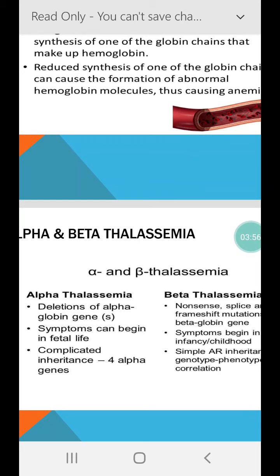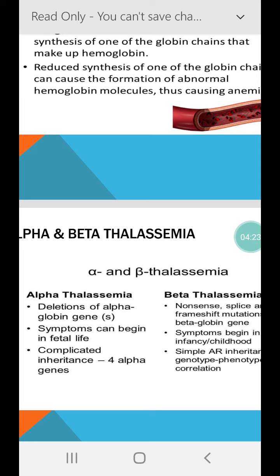In case of alpha thalassemia, there is deletion of the alpha globin chain and symptoms can begin in fetal life. So it is a complicated inheritance abnormality. While beta thalassemia is a nonsense, splice or frame shift mutation in the beta globin chain.